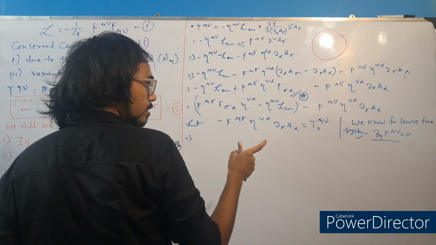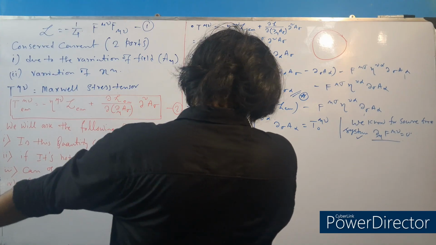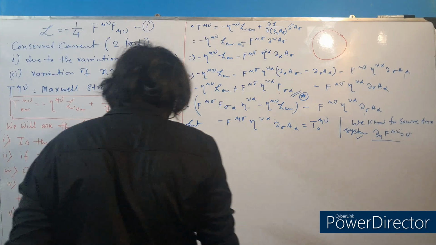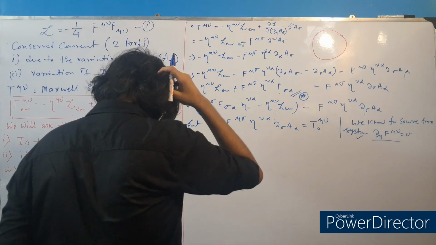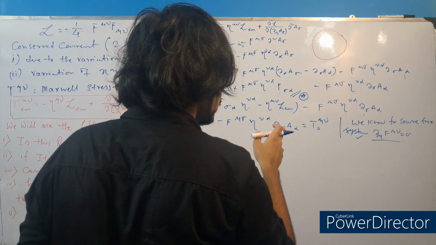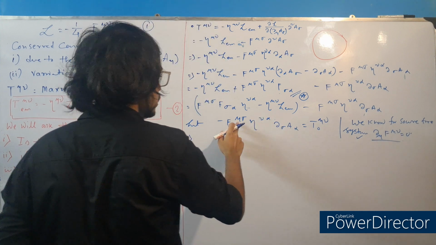So instead of using mu and nu index, we will use a different index. Sigma and mu. Fine. Yes.